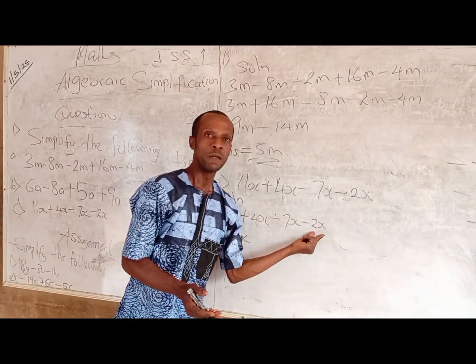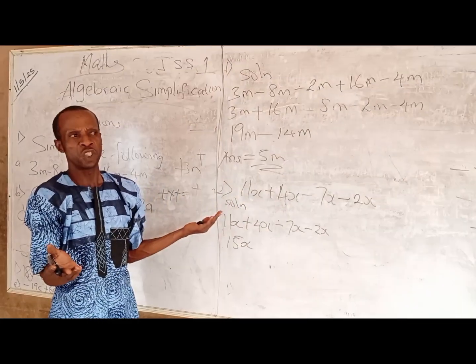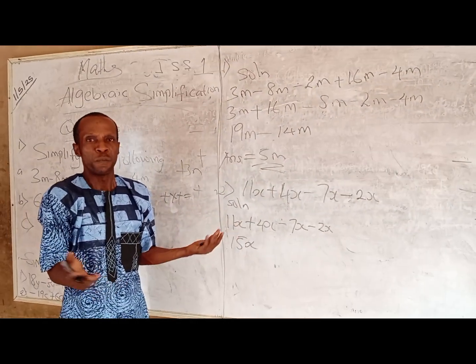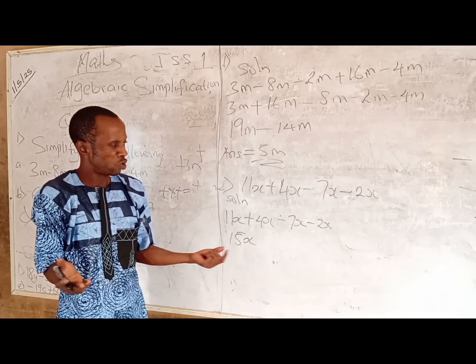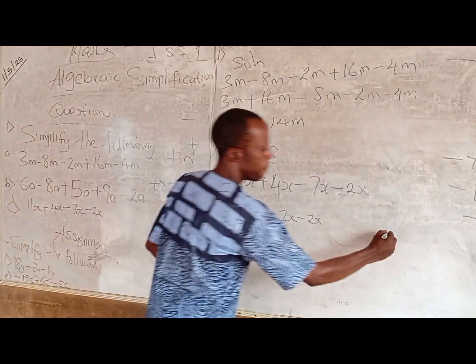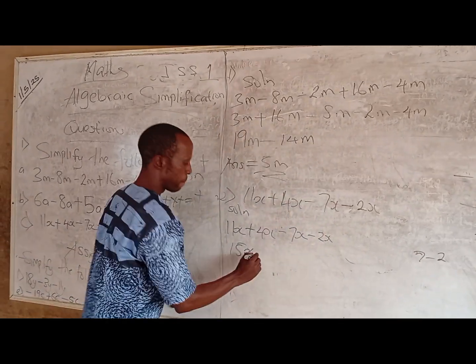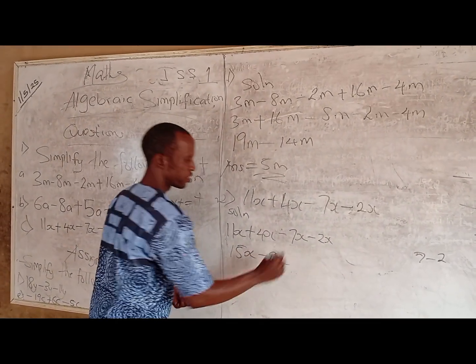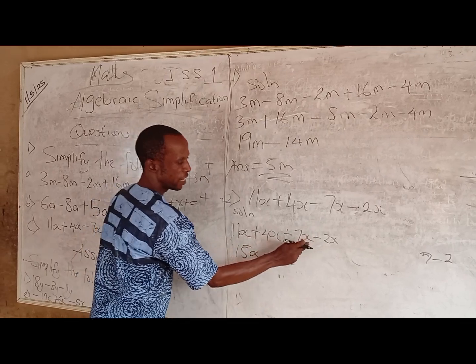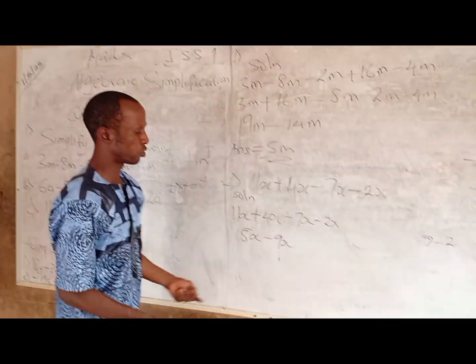You are owing Mrs. Bola 2 naira. So altogether, how much is your debt? 9 naira. But is that 9 naira your money? No. So it becomes minus 9. Minus 7 minus 2 gives minus 9x. So minus 7x minus 2x gives minus 9x.